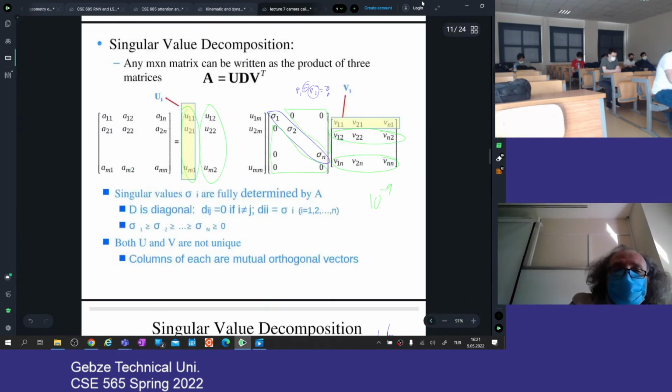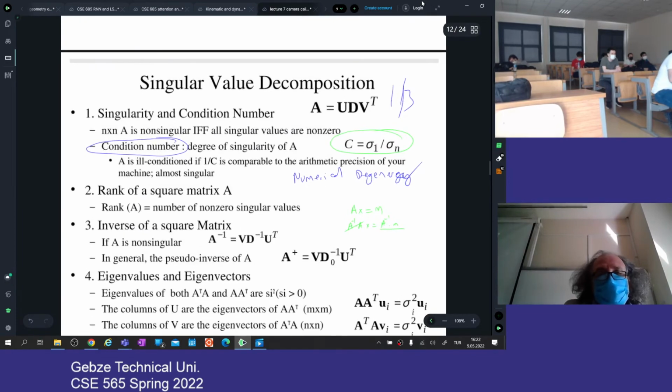So it is sometimes important to measure and to know the ranks of matrices. The singular value decomposition will tell you that the number of non-zero singular values gives the rank. So how is this useful for us?